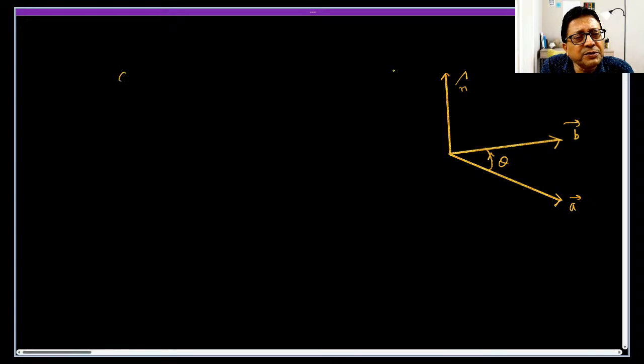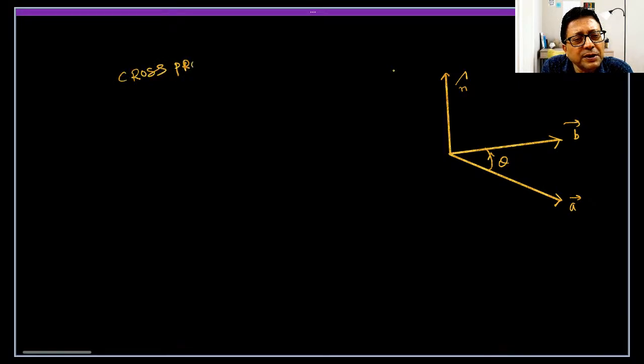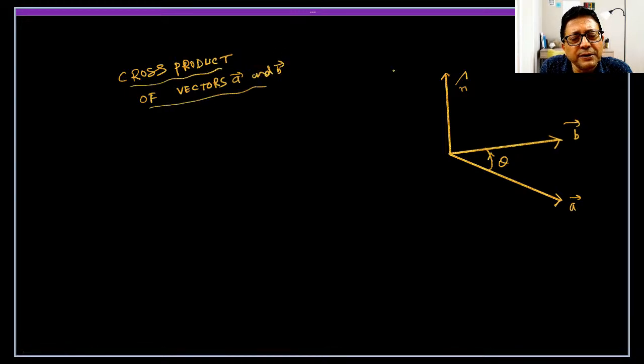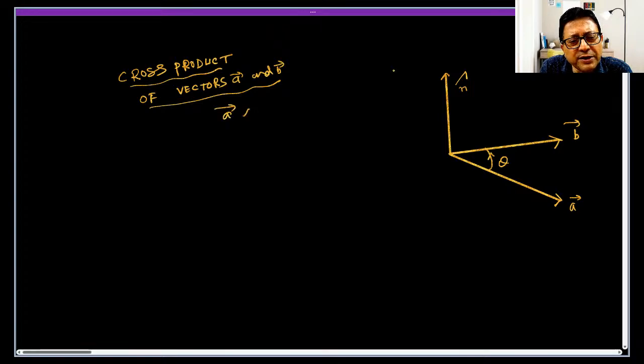The cross product of vectors A and B is A cross B equal to AB sin theta n cap.